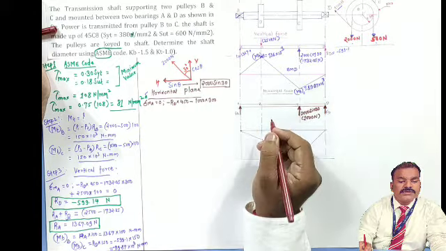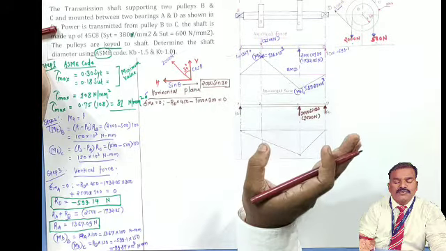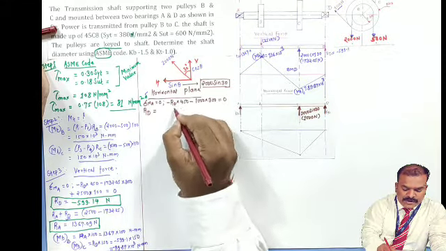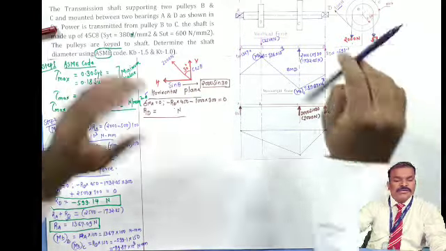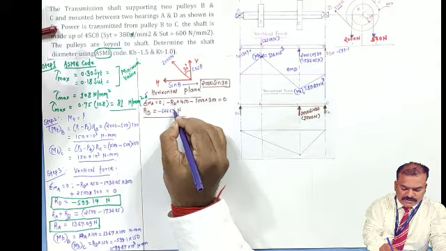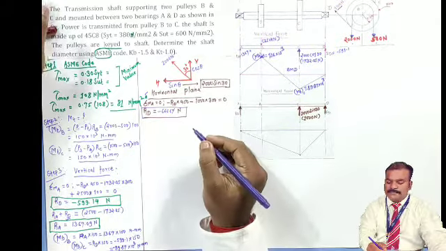So this will be equal to 0. No other force is there. So here I'll get the value of RD, that is the reaction force at D. I can calculate it, that is minus 666.67. This will be the reaction force at D.